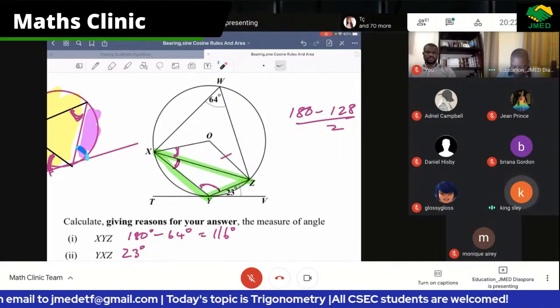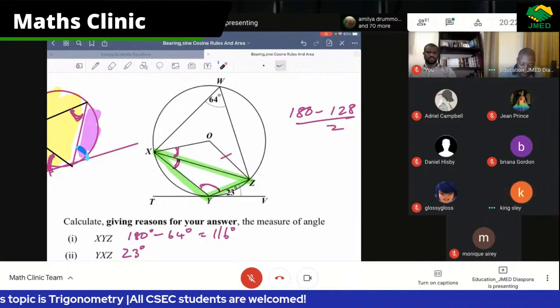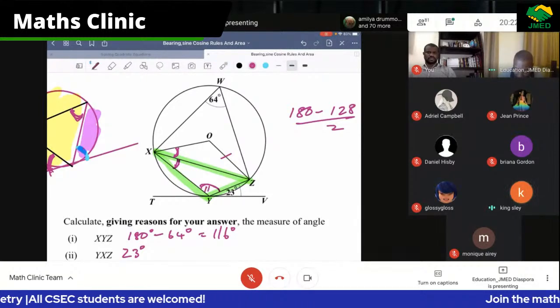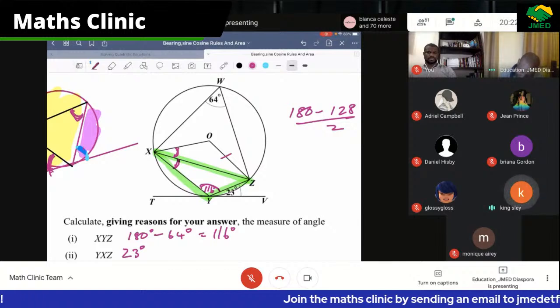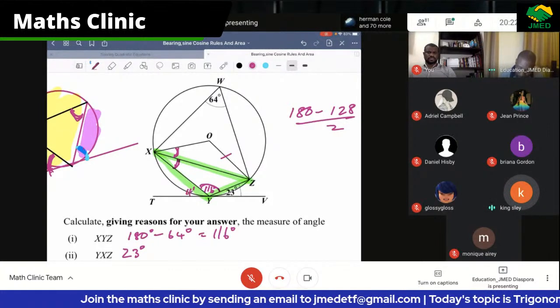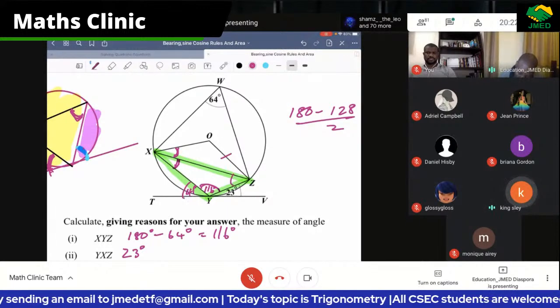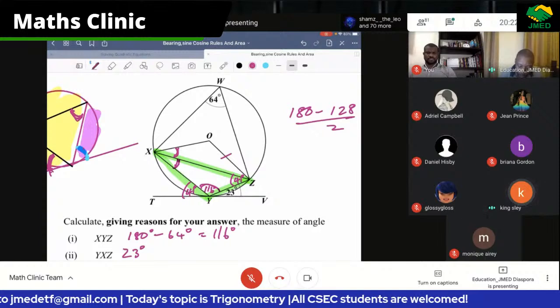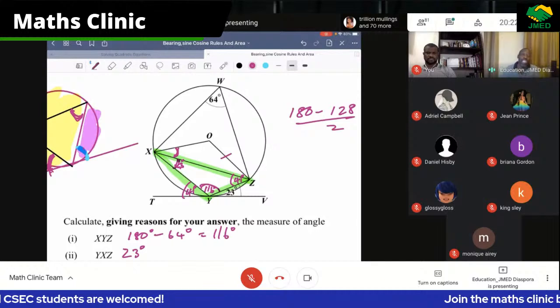Sir, you have the 23, then you have the 116. And 23 plus 116 gives you 139, and since all are supposed to equal 180, you get 41. So this one is 41 degrees and that one is 23 degrees. And if you add them in that green triangle, it would give you what? 180 degrees.